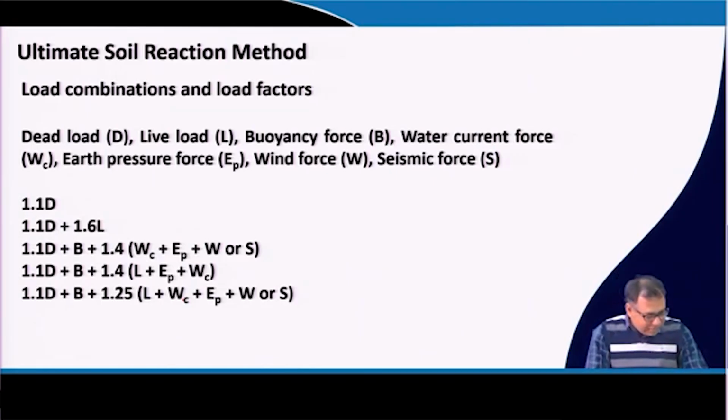So, that is the reduced probability of occurrence of maximum live load when the wind load or seismic load is acting. That means when the wind or seismic load is acting, there is a very rare probability that the maximum live load will act at the same time. So, that is why a lower load factor is suggested.